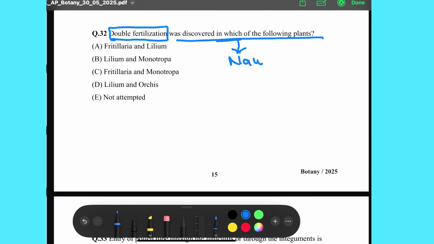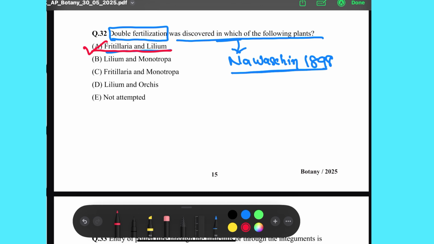So Navashin in 1898 discovered double fertilization in Lilium and Fritillaria. So check करते हैं, yeah. So here it is the right answer.